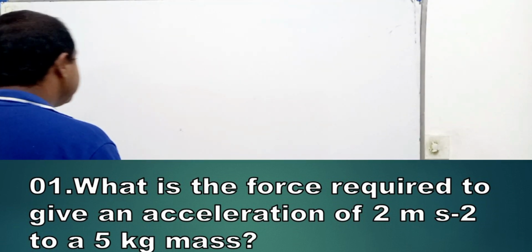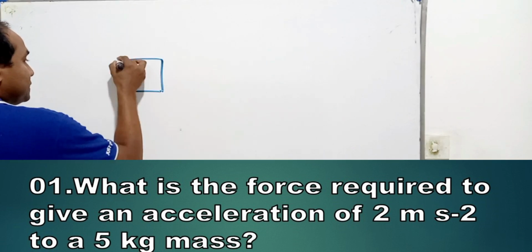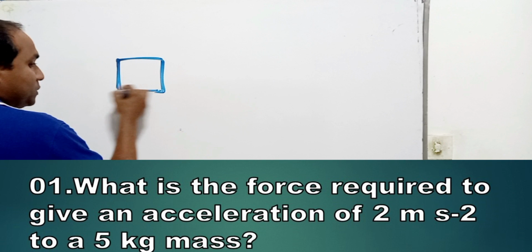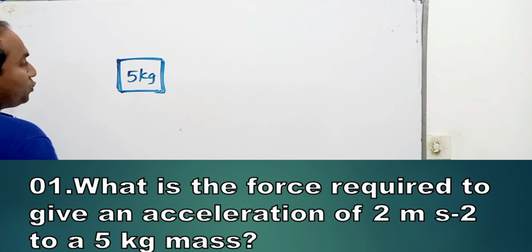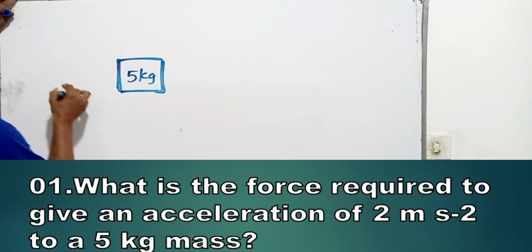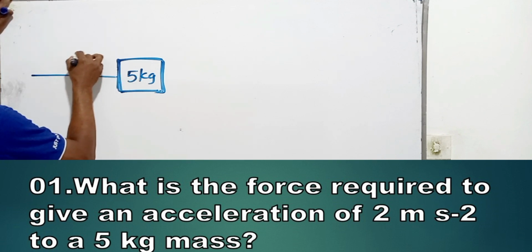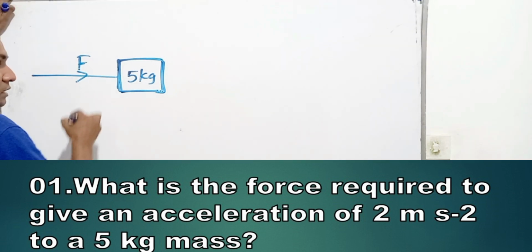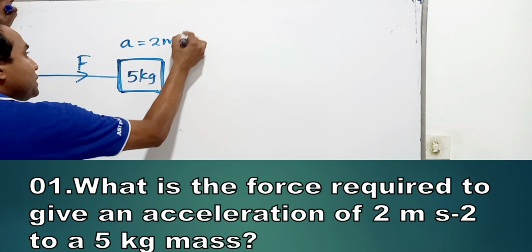It means there is an object like that. The mass of this object is 5 kilogram. In this question, we are asked: what is the force required to get the acceleration of 2 meter per square second?